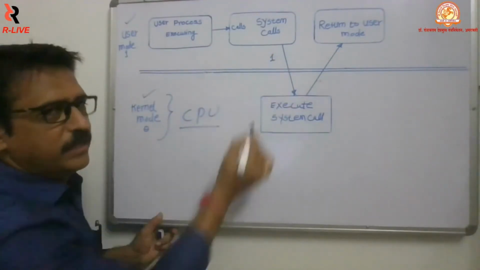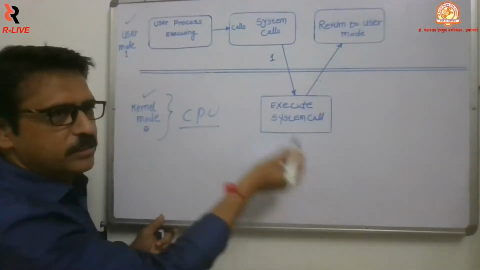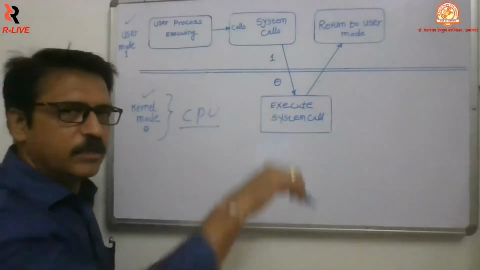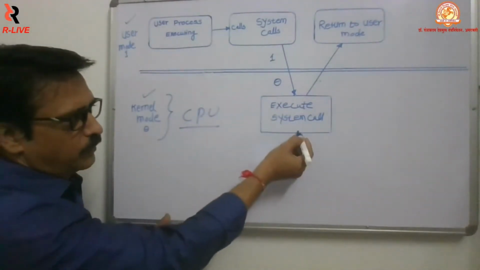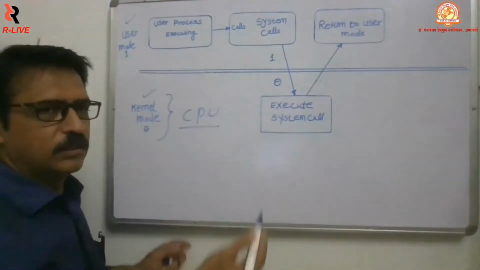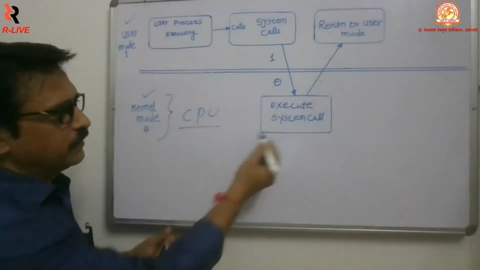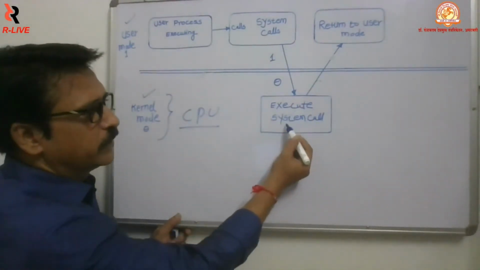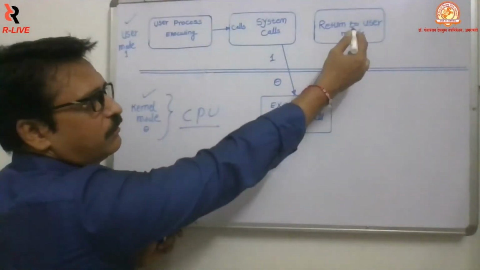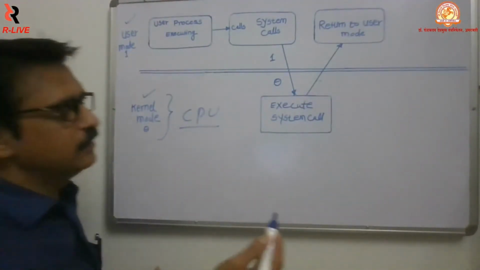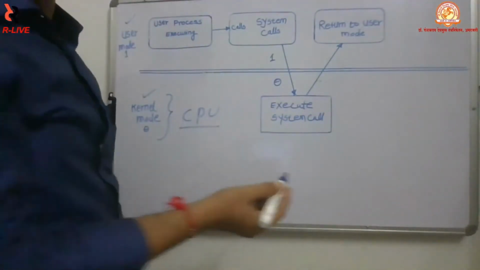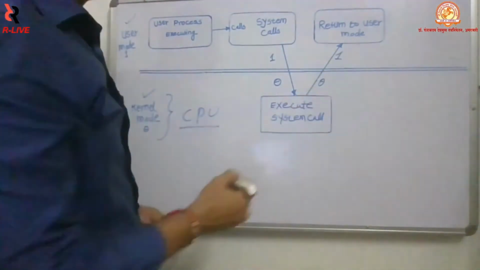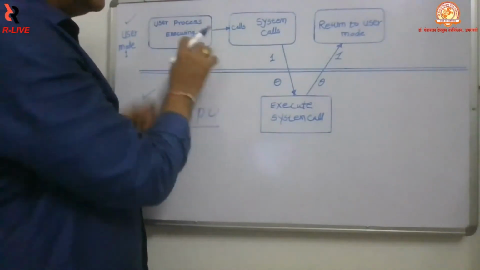It executes that particular command in kernel mode, and after execution of the system call, it returns to user mode. Whenever returning to user mode, the bit must change from 0 to 1. The mode bit is set to 1 in user mode.